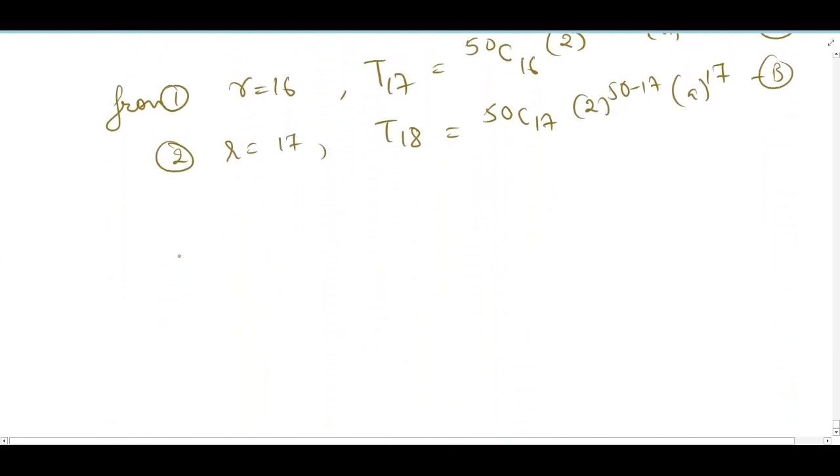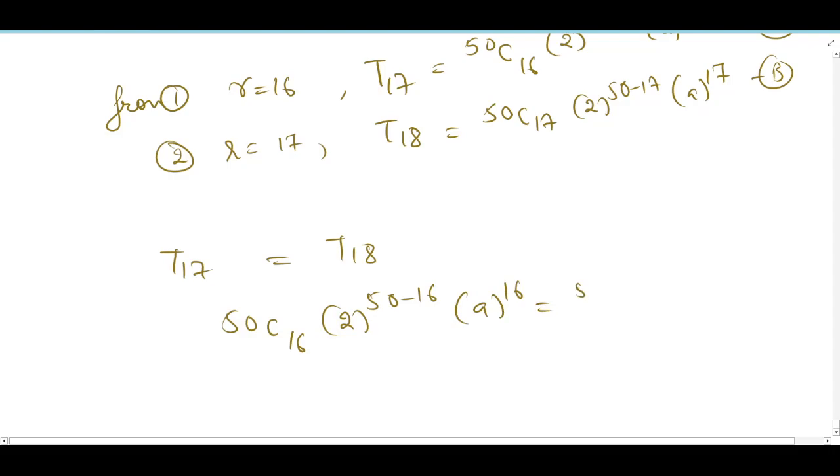So from the question we have t17 is equal to t18. So 50C16, 2 to the power 50 minus 16 and a to the power 16 is equal to 50C17, 2 to the power 50 minus 17 and a to the power 17.